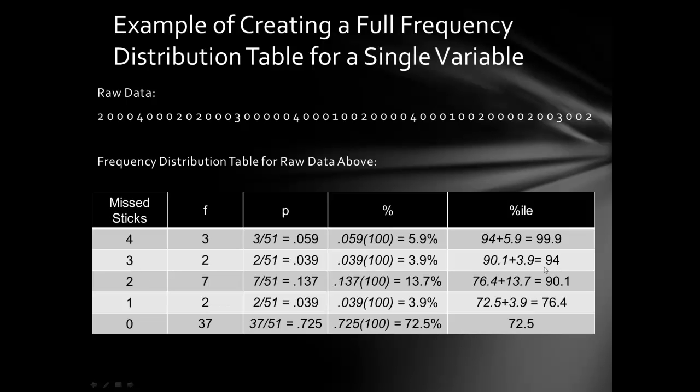Or in other words, only 6% of the sample had more missed sticks than she did, or he. And then up here, this gets you up to the 99.9th percentile, because pretty much, within rounding error, 100% of all the scores in this data set are at or lower than 4.